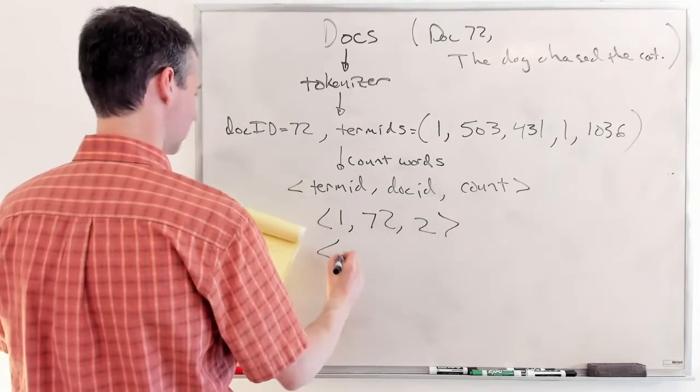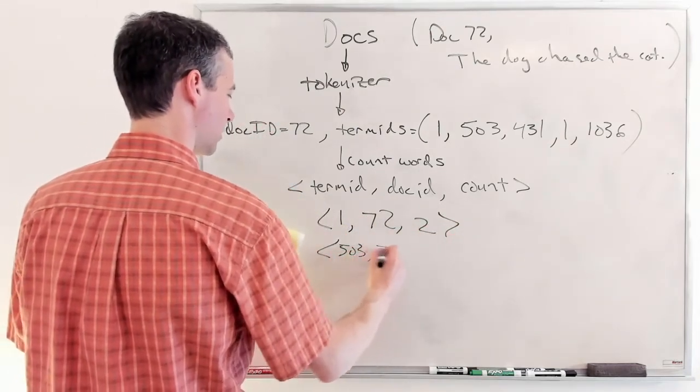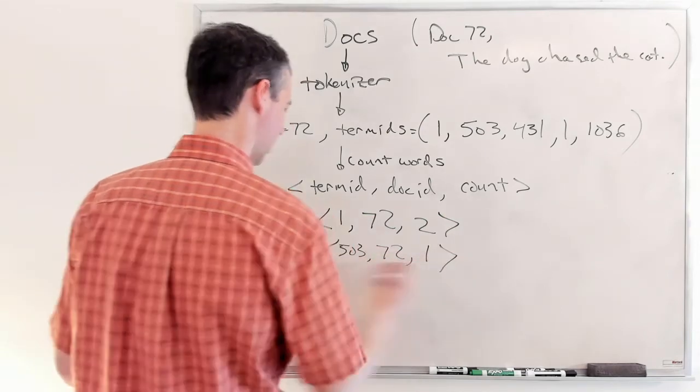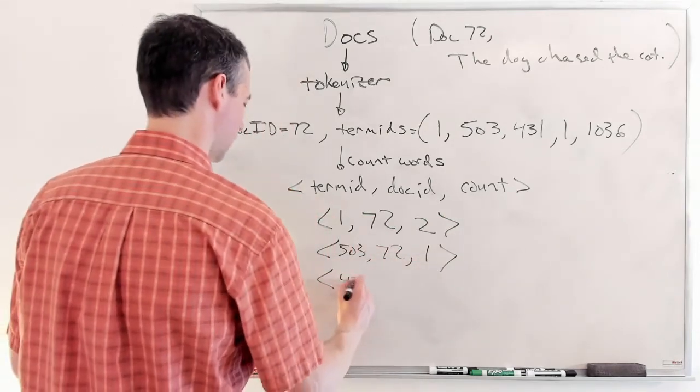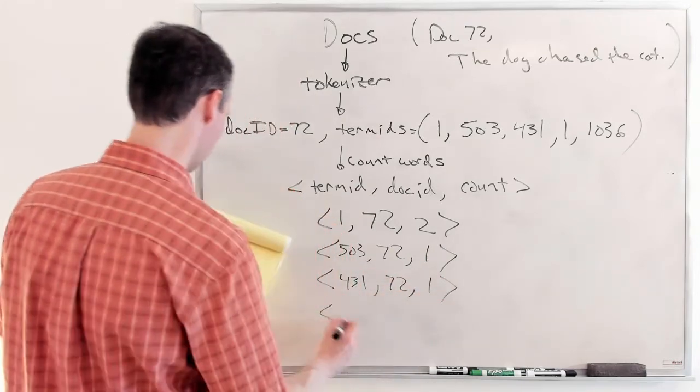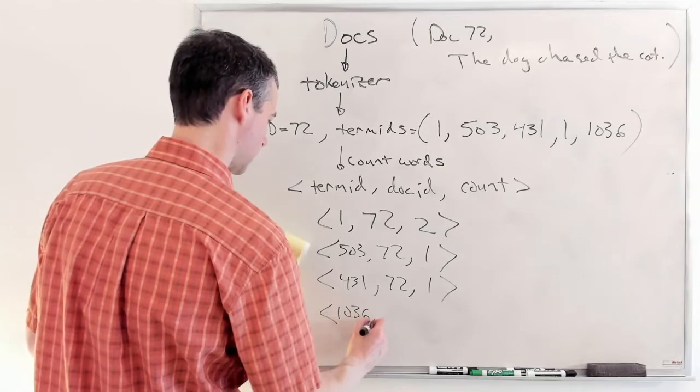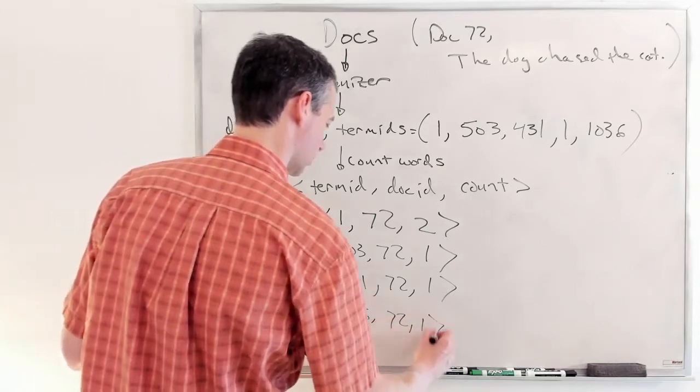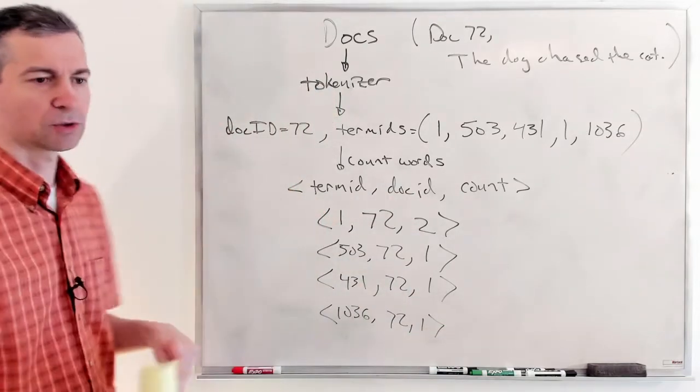The next tuple would be 503, 72, and 1. Next one would be 431, 72, and 1. And the final one would be 1036, 72, 1. So we're going to spit these tuples out.